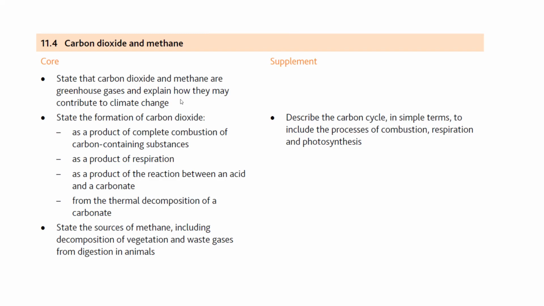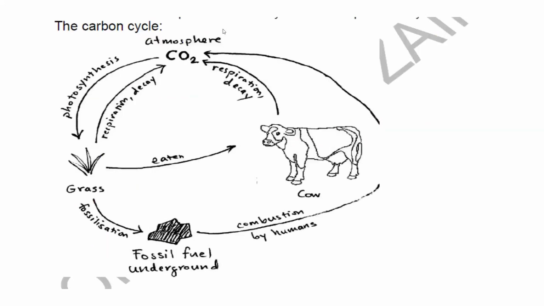Then this is about the carbon cycle, like how carbon dioxide can be formed or removed from the environment. For example, we have carbon dioxide, CO2, in the atmosphere.